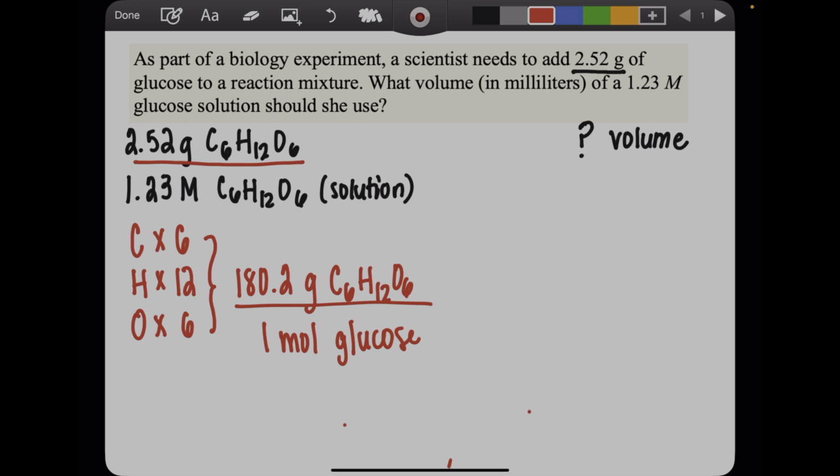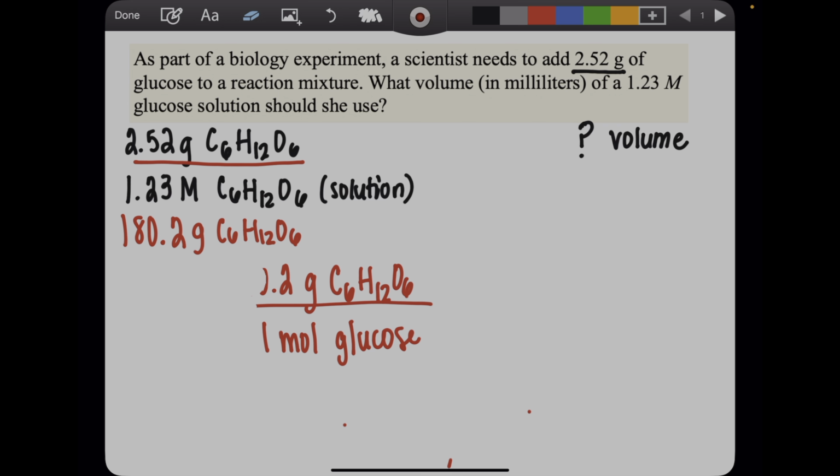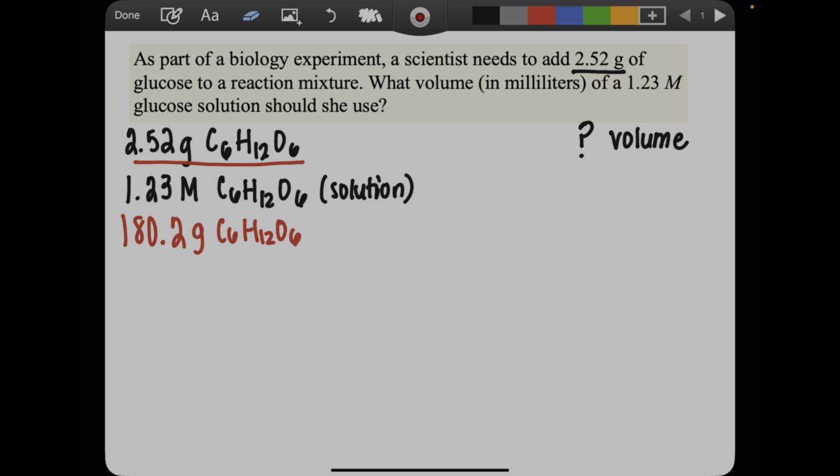So we just calculated the molar mass, and I'm going to erase this so we have a little bit more space for the actual problem. We have 180.2 grams of glucose per mole of glucose.